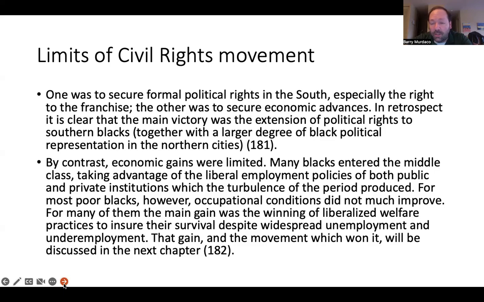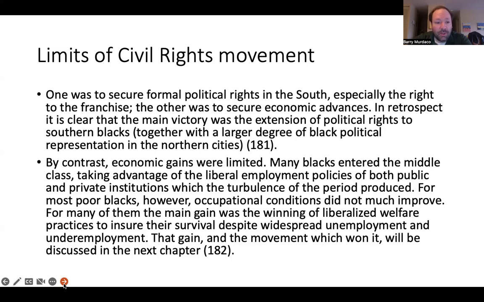On the one hand, they did win the right to vote, but as far as economic gains, they argue very limited. Again, as I write here, in retrospect, it is clear that the main victory was the extension of political rights to blacks in the South, together with a larger degree of black political representation in the northern cities. By contrast, economic gains were limited.